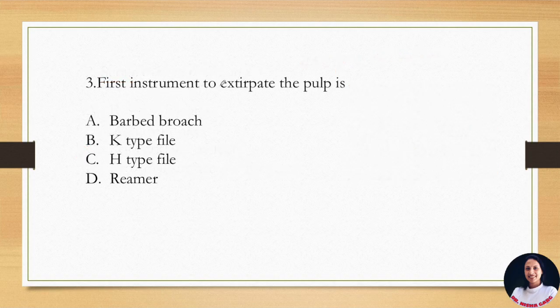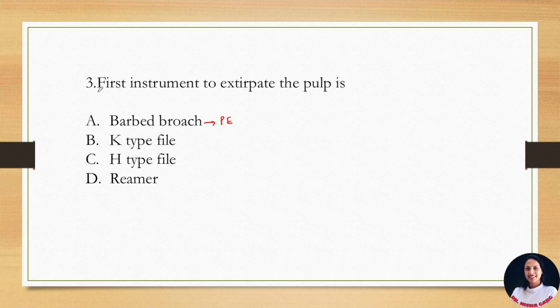First instrument to extirpate the pulp is: barbed broach, K-type file, H-type file, or reamer. See, it's a tricky question. If you think only about pulp extirpation, it is the barbed broach. But note this word, the first instrument.